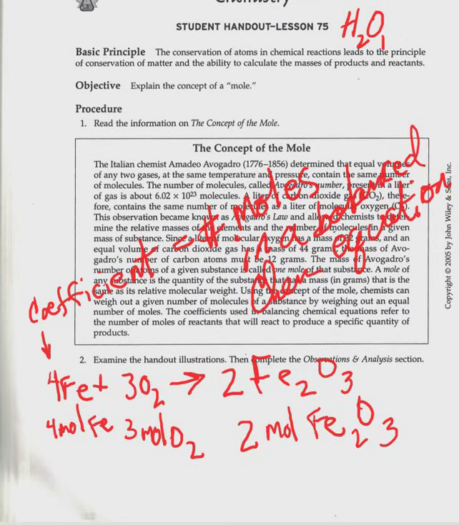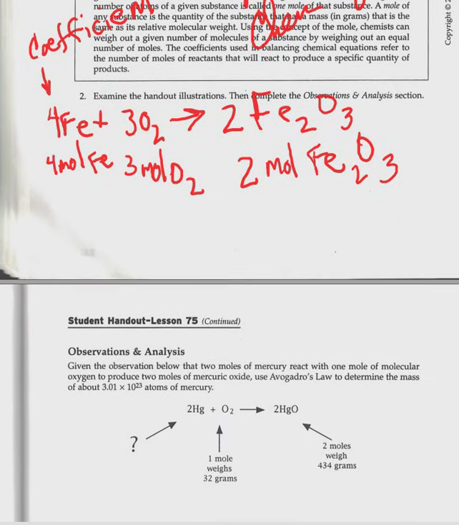So the moles of Fe, and this is why I gave you all a rounded periodic table, to make the math that you're about to do a lot easier.